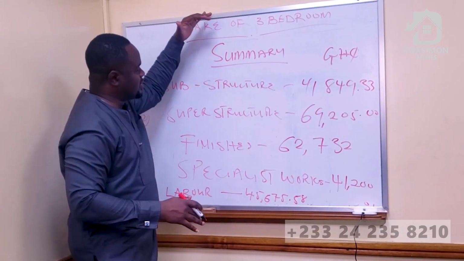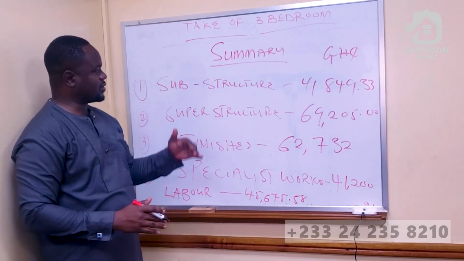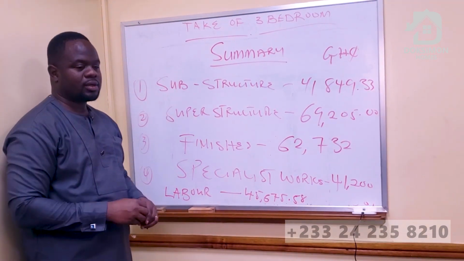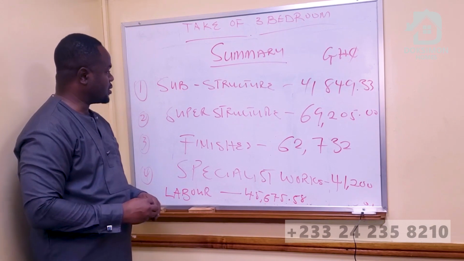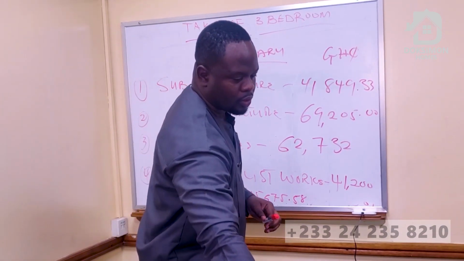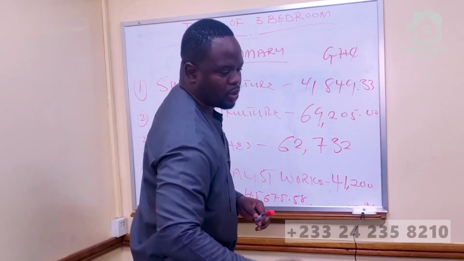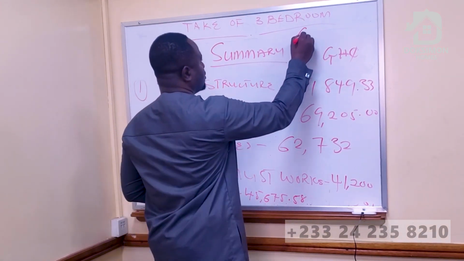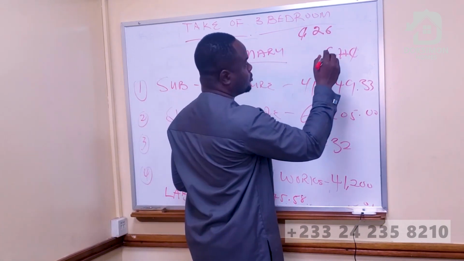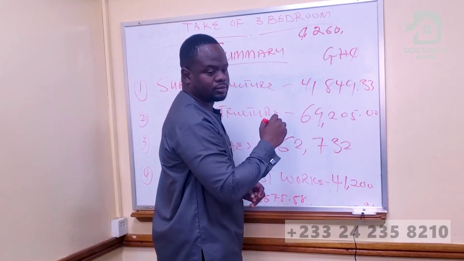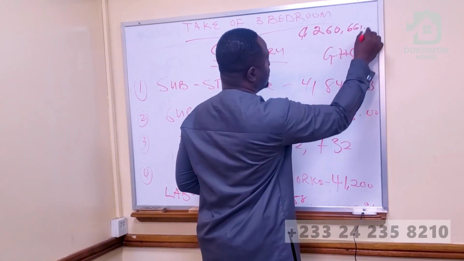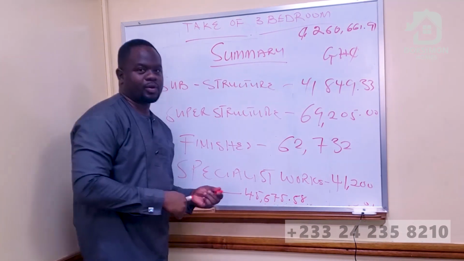All right, with the summary of all these structures, from the foundation up to the substructure, including the roofing, the secret roofing, we are getting a total of 260,661 cedis, 91 pesewas. The pesewas is very, very important.